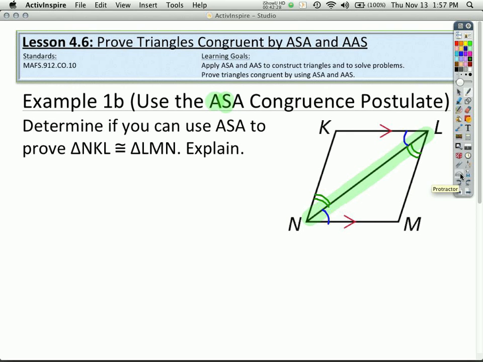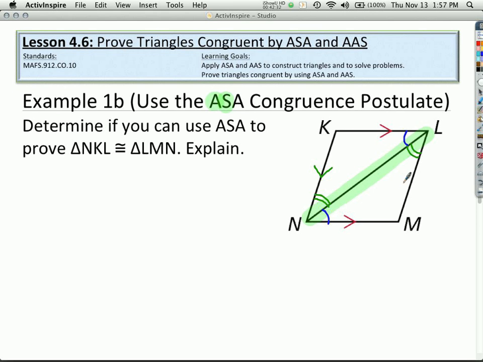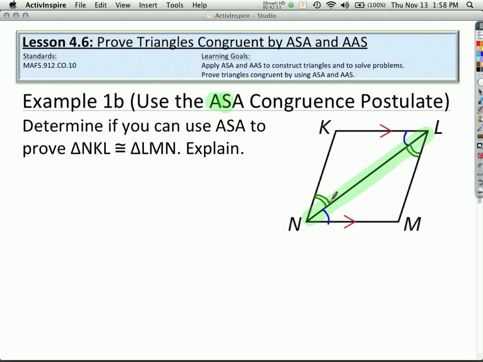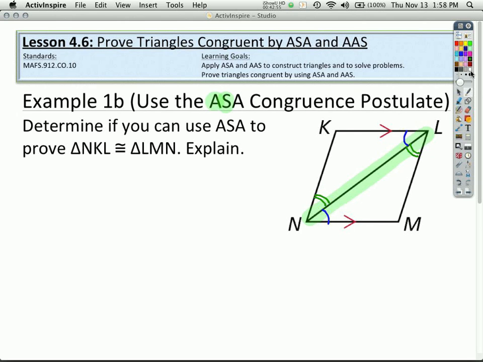I understand what you're saying. LN is the transversal, but we now would need this parallel to that for this to be congruent to that. Let me show you. You're trying to say this is alternate interior, right? This is what the picture then has to look like.